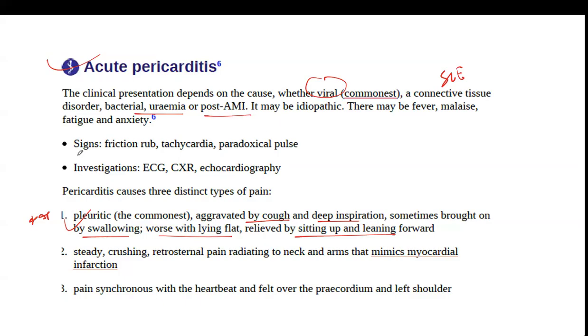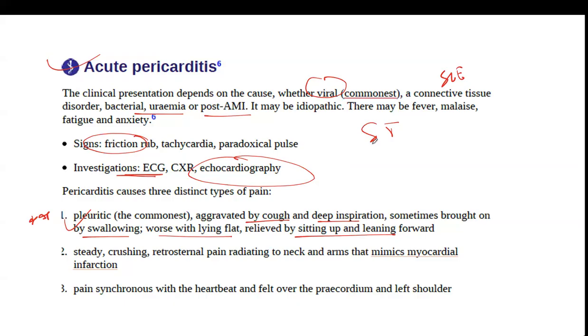So what will you do? On examination, you get a friction rub. If you do an ECG, that will give you most of the diagnosis. ECG will show widespread ST elevation in almost all leads. When we do your ECG class, you will know. So you get ST elevation everywhere. And then sometimes we do an echocardiogram. Why do we do echo?